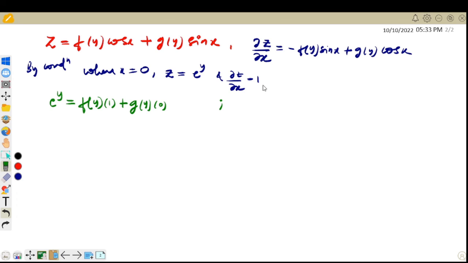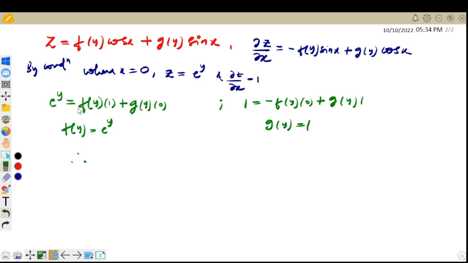Look at the second one: ∂z/∂x becomes 1. This is -f(y) sin 0, which is 0, plus g(y) cos 0, which is 1. So the second value is 0. Here you will get f(y) equal to e^y, and here g(y) is equal to 1.